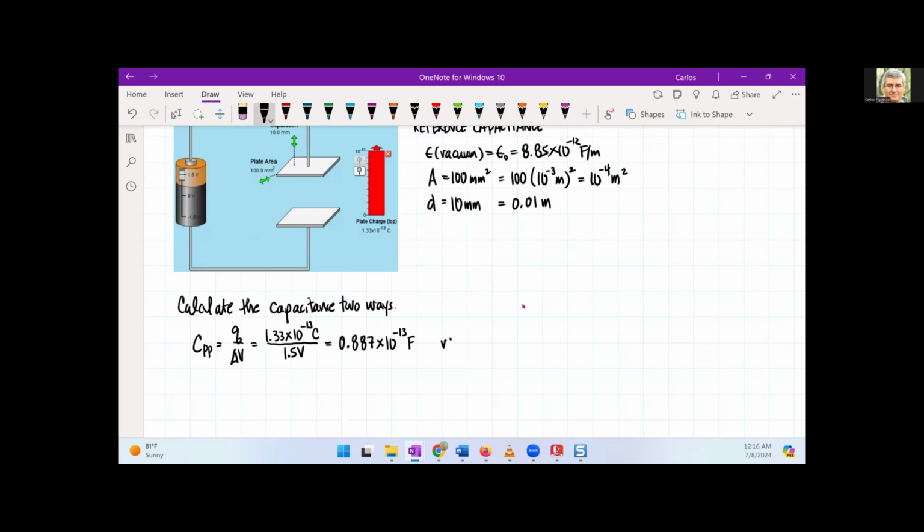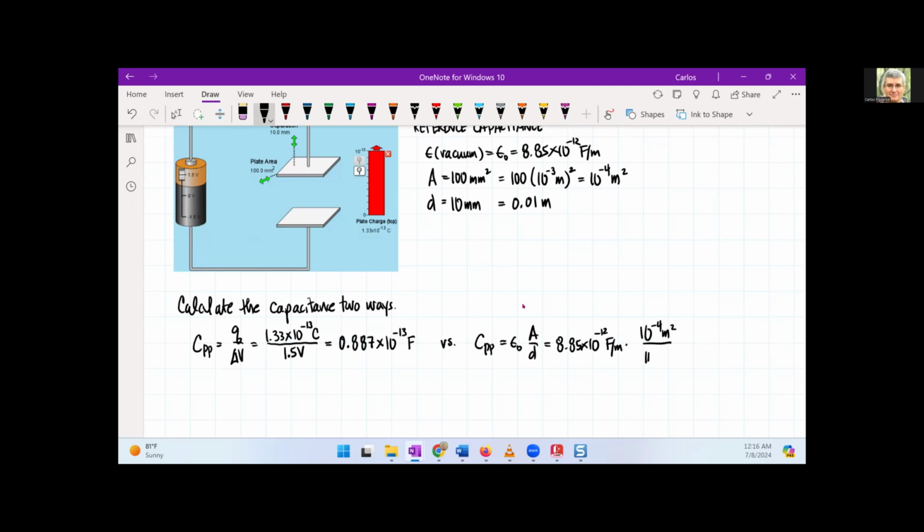Now, the other way I can compute it would be with the characteristics of the capacitor. In this way, I should get the exact same answer if I use this relation instead. So if I plug in my values again, the area is going to be 10 to the minus 4 meters squared.